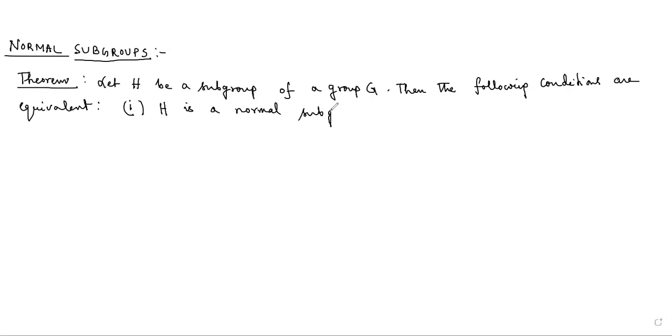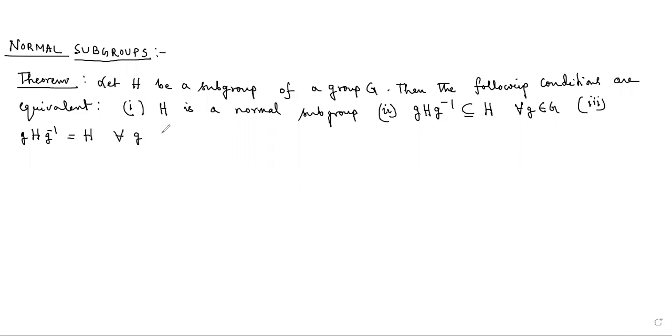This statement is equivalent to the following statement, that is 2, that small g multiplied by capital H multiplied by inverse of small g is a subset of capital H for all g belonging to capital G. And this in turn is equivalent to the statement 3: g H g inverse is equal to capital H for all g belonging to capital G. So I'm going to show you in this class, first of all, that these three statements that I have written are equivalent.